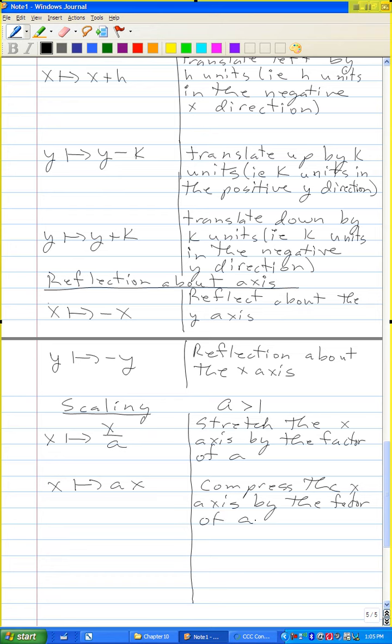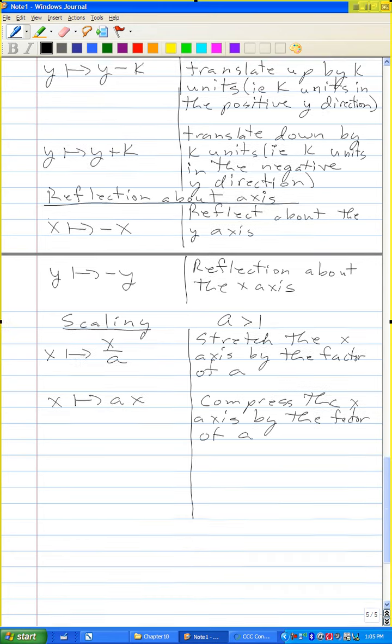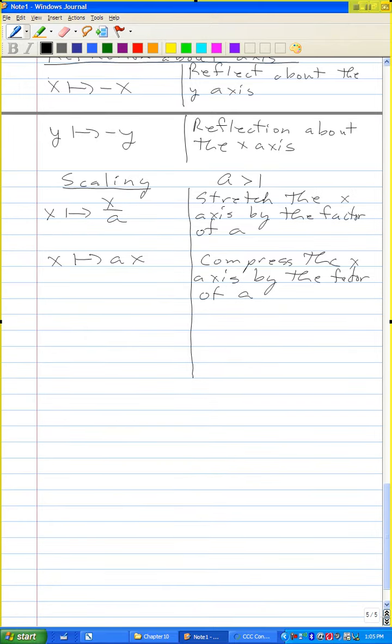So if I replace x by 2x, then what that means is I'm going to compress it by a factor of 2. So it's going to be basically squashed in half. Again, math is backwards, so it makes sense.